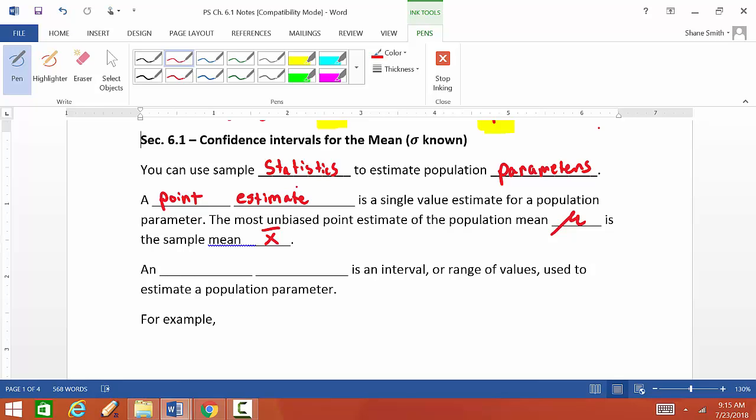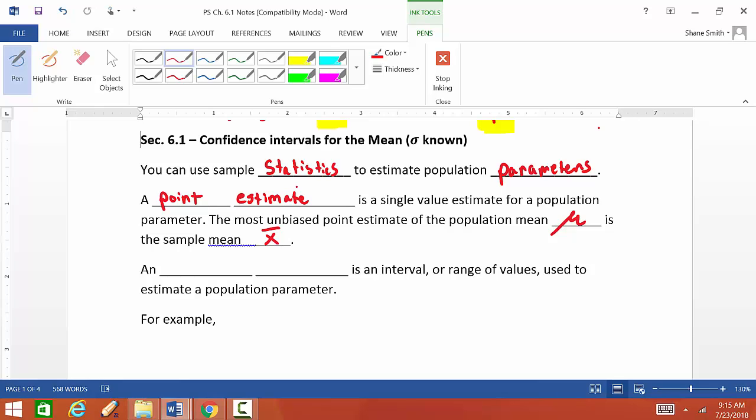Now the thing is, whenever you estimate something, the first question you probably want to know is how accurate are you, right? I mean, if I had to take a guess of a measurement of something, I want to know, well, how accurate is that measurement? What's my error, basically?